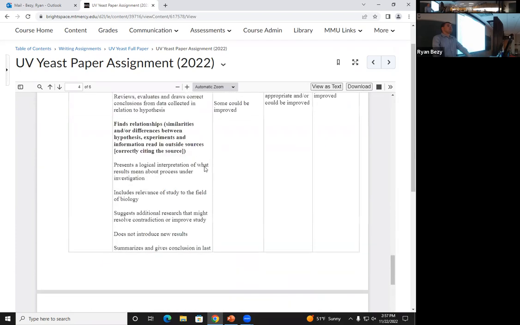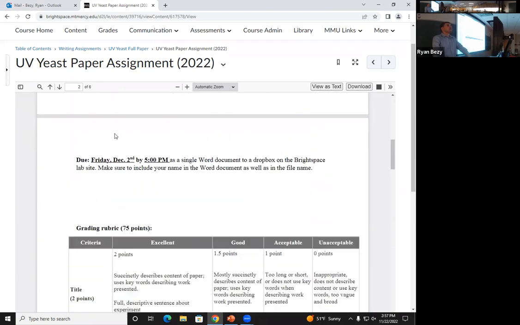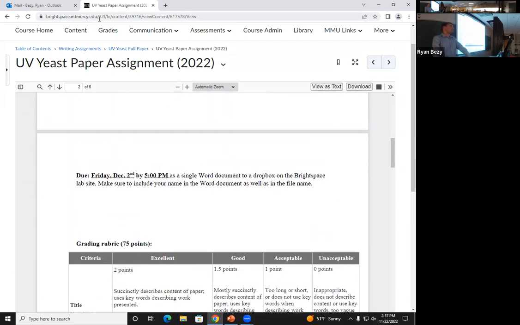I'll also give you a hint, since you guys are here, on what kind of information you probably need to talk about in the introduction section. What's the focus of the big concept that you're taking a look at in this paper? Yeast could be part of the intro, but probably not until you're getting pretty specific to your experiment.